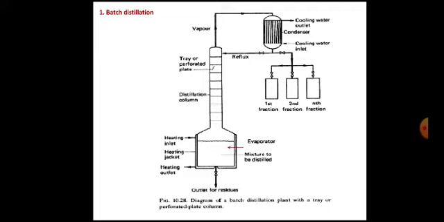In the first step, obviously, the contents to be distilled are placed in an evaporator where the temperature is raised. As a result of the increase in temperature, the compounds or the solvents which are volatile will get converted from liquid form to vapor form. Then these vapors will rise in the distillation column.